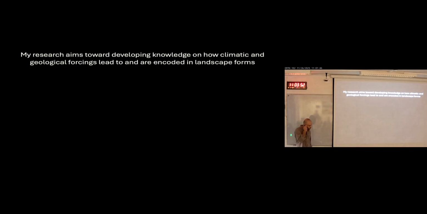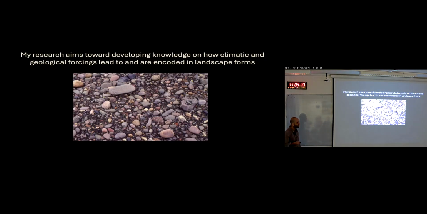So my goal is to understand better how landscape evolves, and generally landscape on Earth evolves by the competition of two main factors. One is tectonic forcing that creates uplift, and the second one is transport of material from the terrestrial to oceanic and terrestrial basins. And a significant player in this general drama of landscape evolution is one that you all see on your very daily basis, which is simply piles of rock fragments.